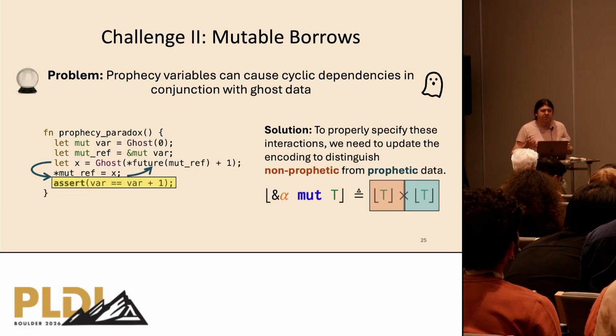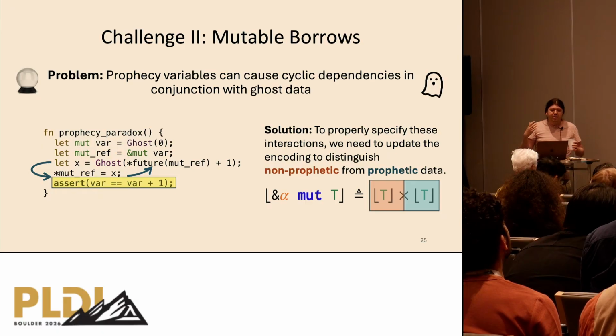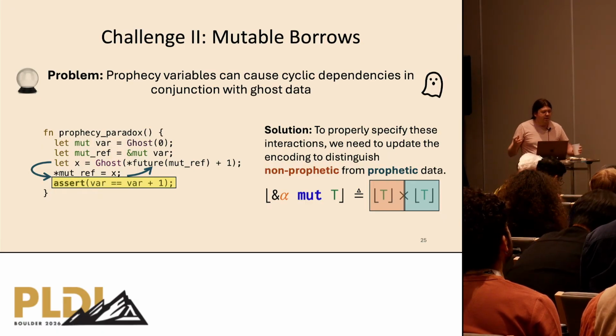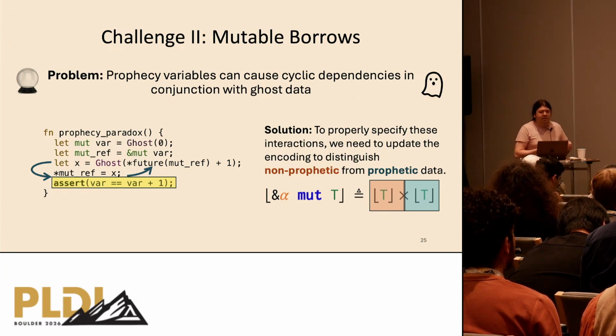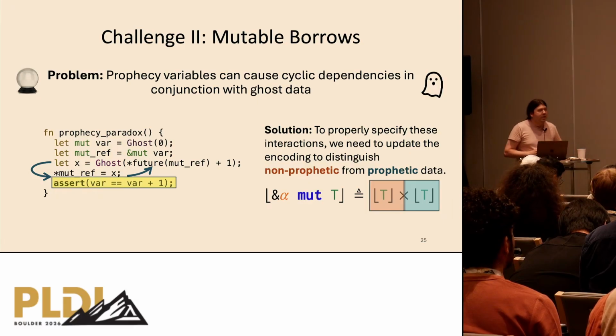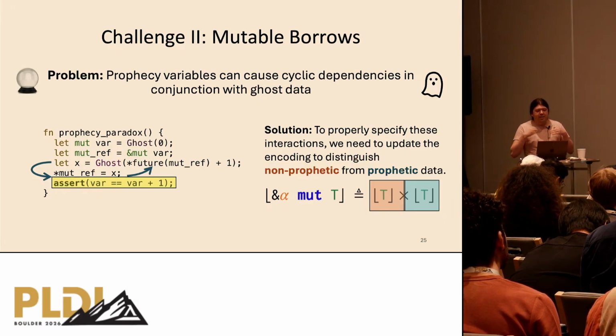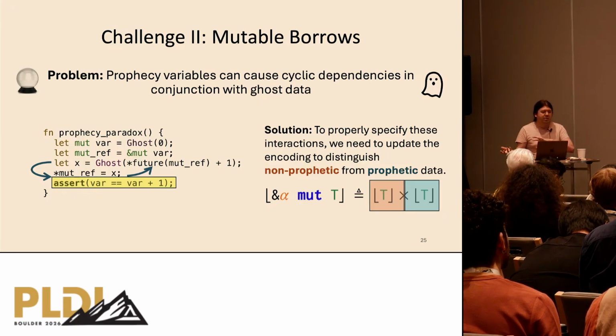So to properly specify these interactions, we need to update the encoding of RustHornBelt to properly distinguish non-prophetic data from prophetic data. And if we update the encoding to make this distinction, then we can properly specify everything in a way that enforces that there are no cycles, and then we can recover soundness and prove our theorem.